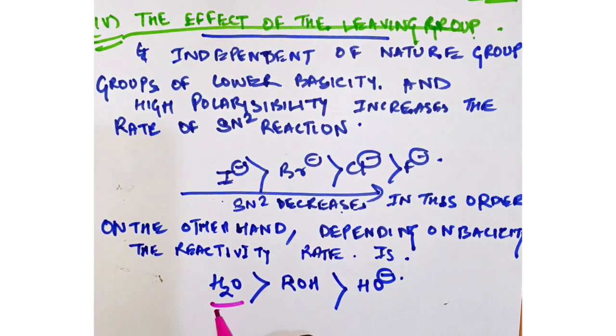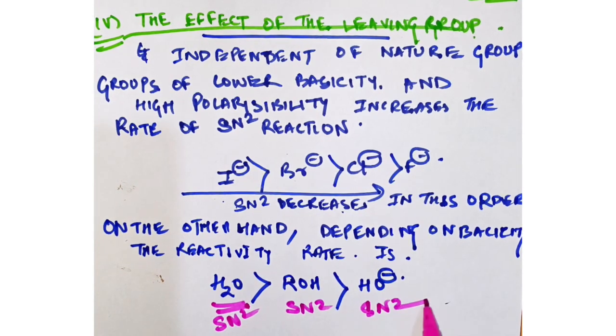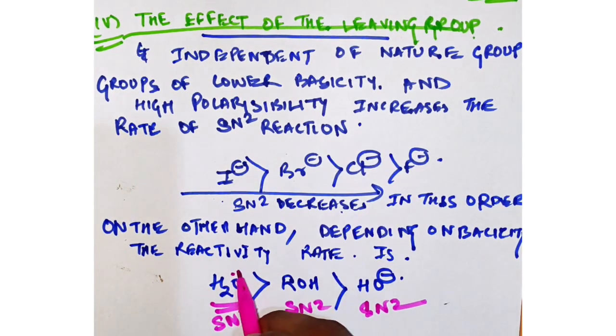It means this one will go for your SN2 reaction faster than this, than this. So this one will go for more SN2 than this one, and then this one.